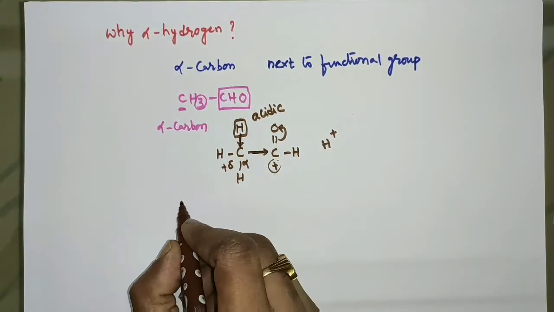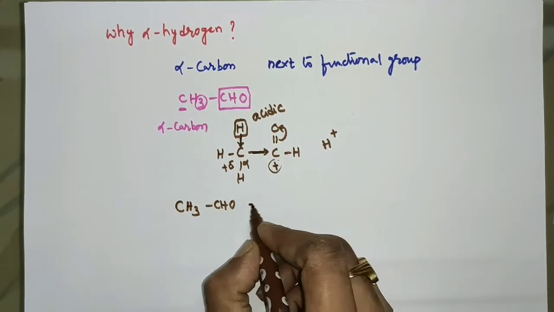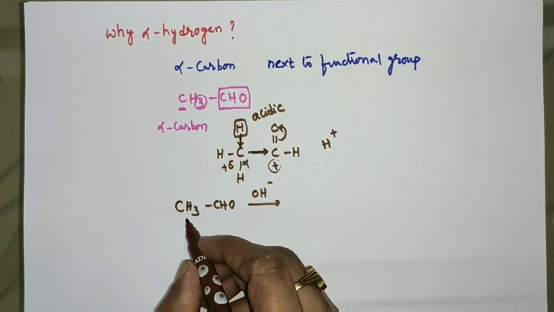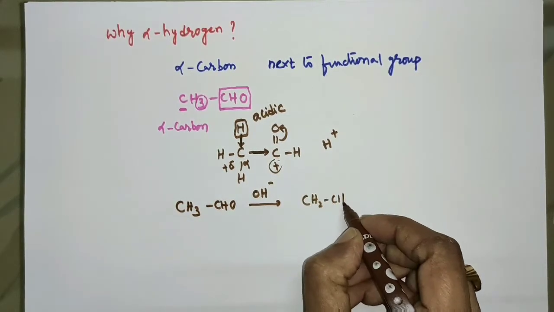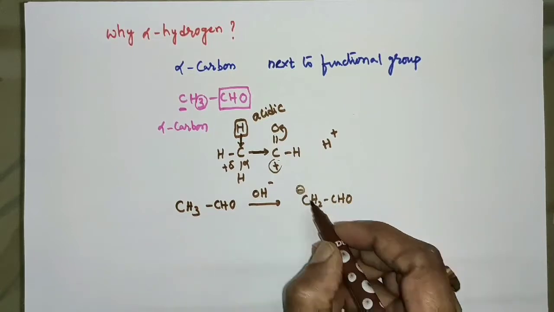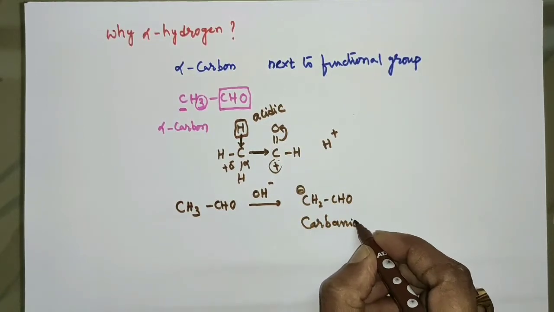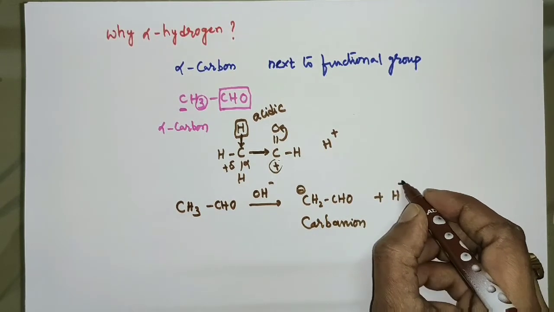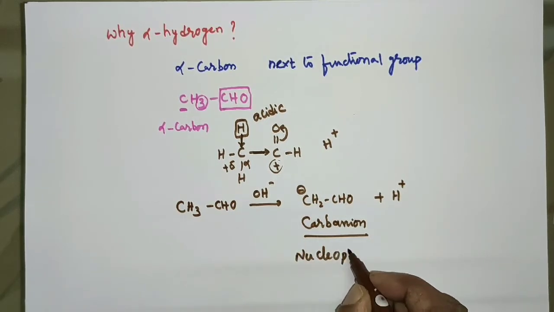So aldehyde containing alpha hydrogen in presence of a base loses that alpha hydrogen and will be converted into a carbanion. And this carbanion acts as nucleophile.